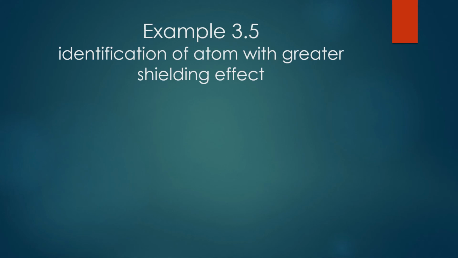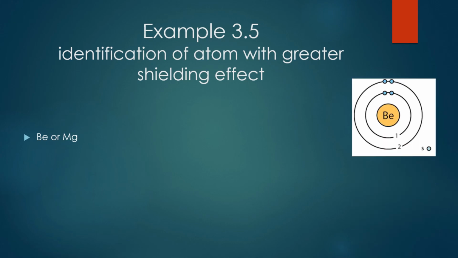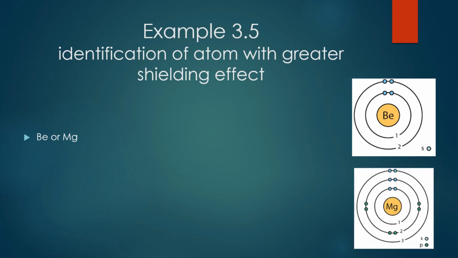Now we will discuss example 3.5, in which we have to identify the atom with the greater shielding effect. Its first part is beryllium or magnesium. Beryllium, atomic number 4, has 2 electrons in the first shell and 2 electrons in the second shell. Whereas magnesium, atomic number 12, has 3 shells: the first shell contains 2, the second 8 and the third 2 electrons.